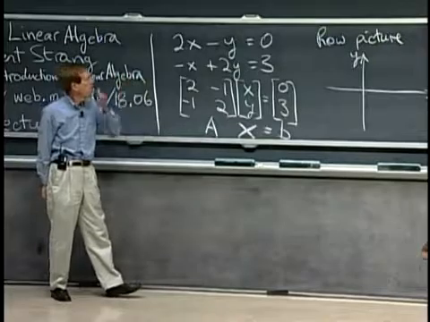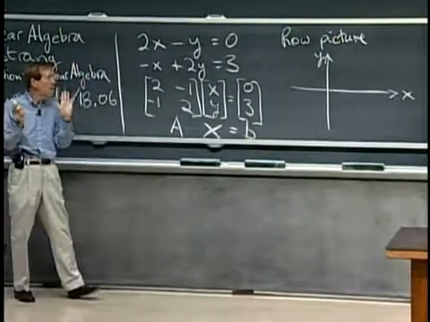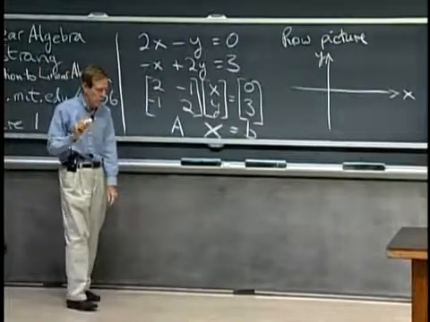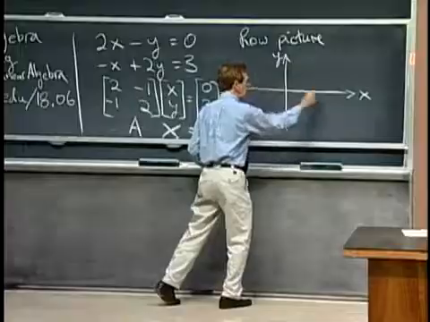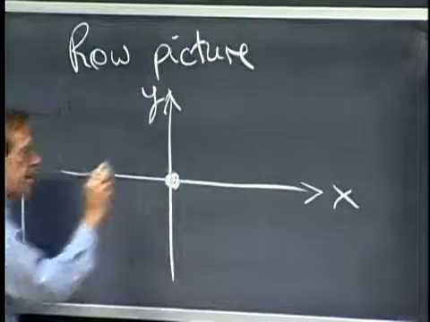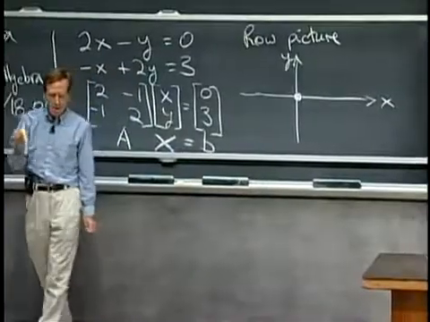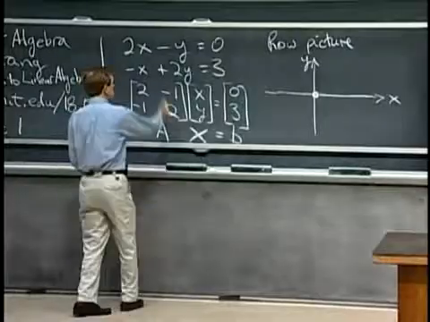So I'm looking at all the points that satisfy 2x minus y equals 0. It's often good to start with which point on the horizontal line. On this horizontal line, y is 0. The x-axis has y is 0, and in this case, then x is 0.